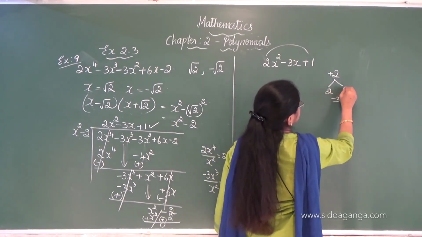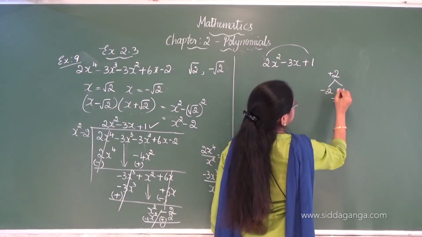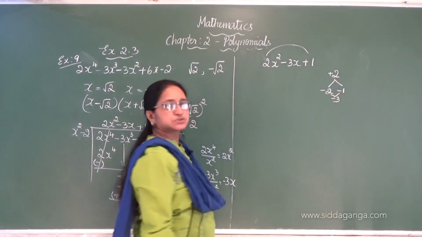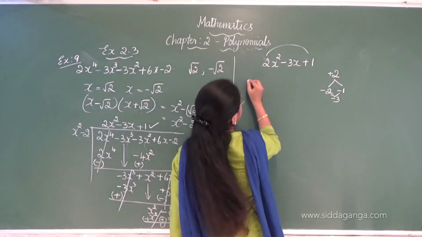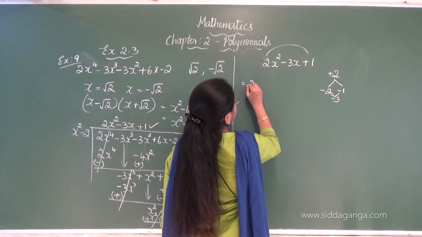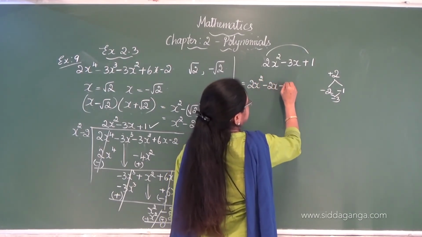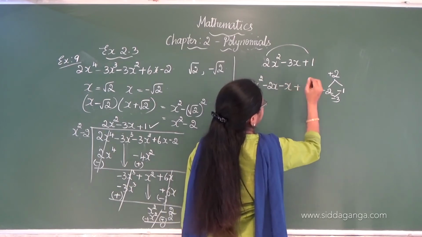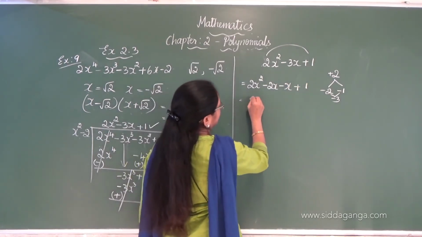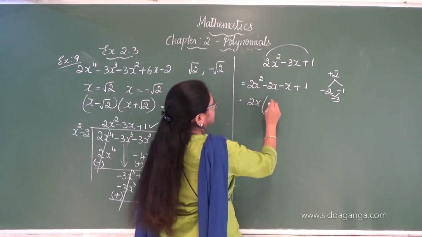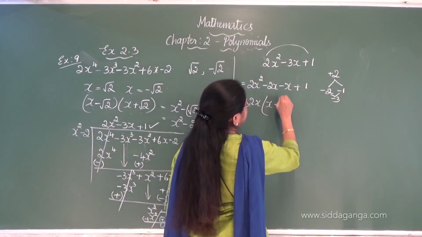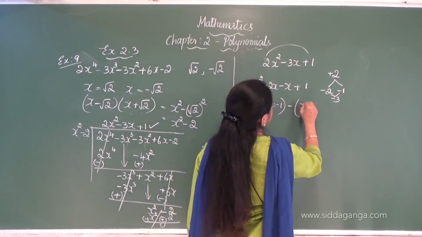So minus 2 into minus 1. So how can we split this? 2x square minus 2x minus x plus 1. Now what is common? 2x is common. So x minus 1, minus is common.